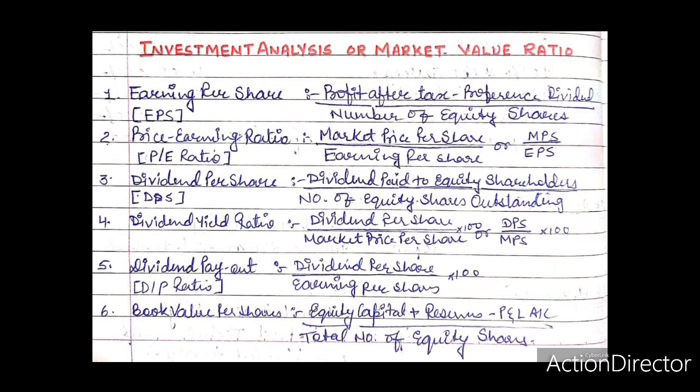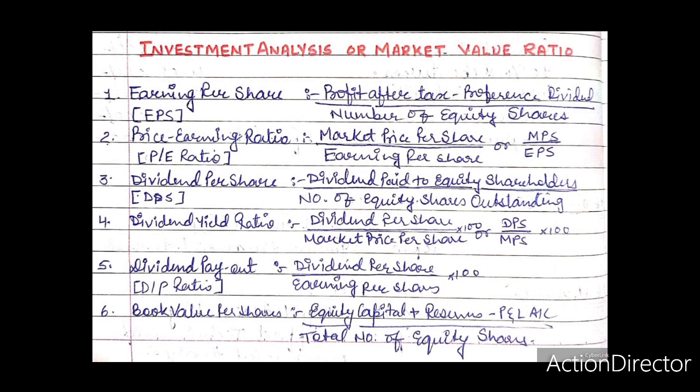Thus, a company which distributes a lower portion of its earnings in the form of dividend will be financially stronger and is likely to expand and grow at a faster rate. Such an action results in an increase in the reserves to capital ratio that reveals sound financial position and capacity. A comparison of this ratio with that of similar companies and over a period of years would reflect on the adequacy or otherwise of the dividend paid to the equity shareholders.